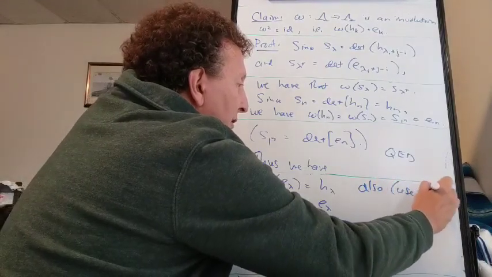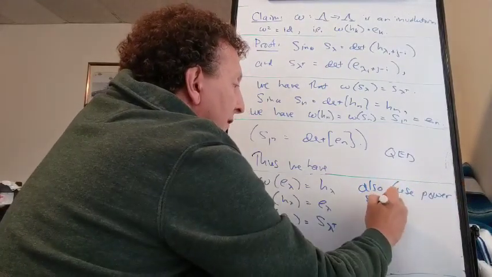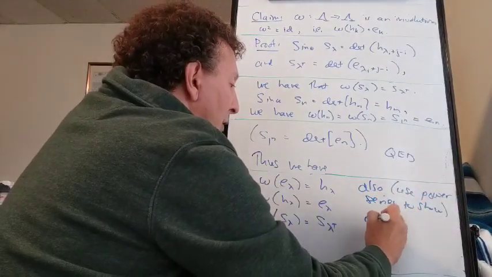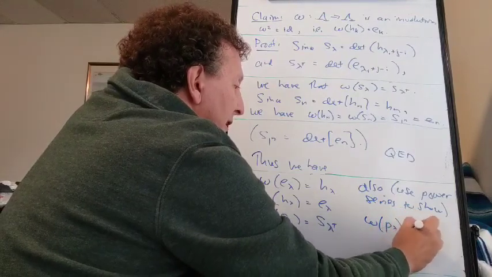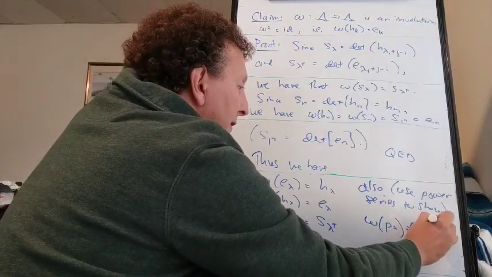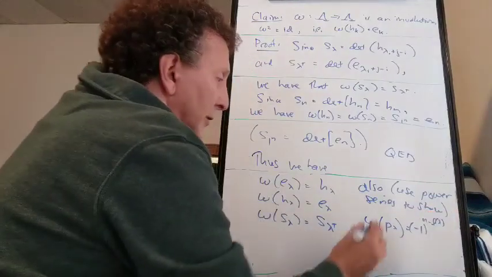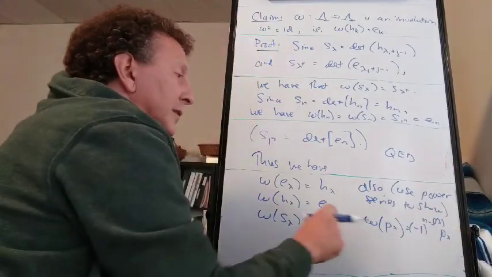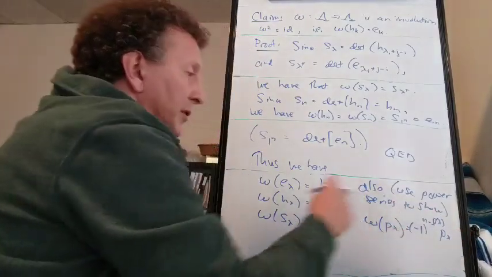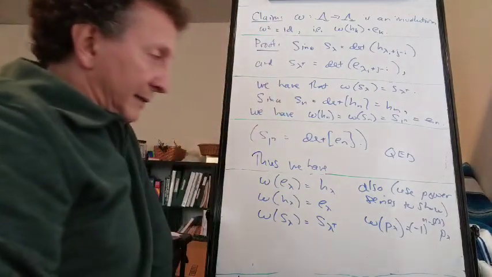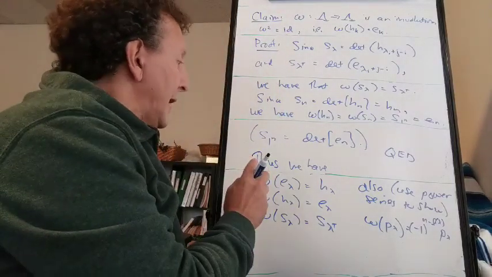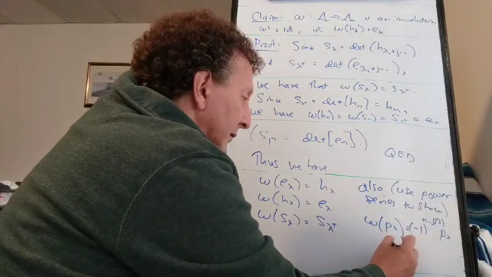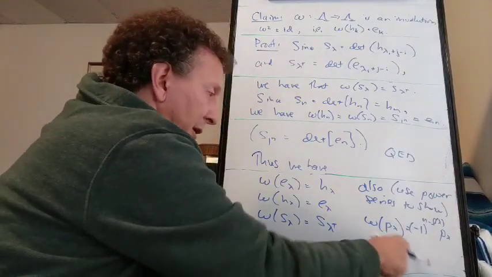Also, we can use power series to show that omega of p lambda equals (-1)^(n minus length of lambda) times p lambda, where lambda is a partition of n. So the power sum symmetric functions, if you like, are eigenvectors of this map omega.